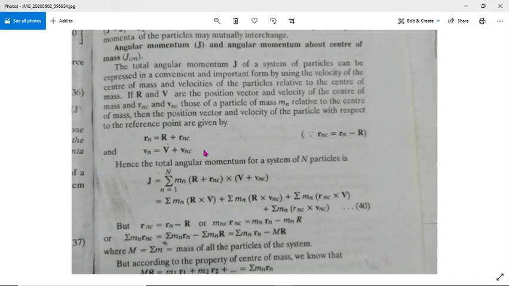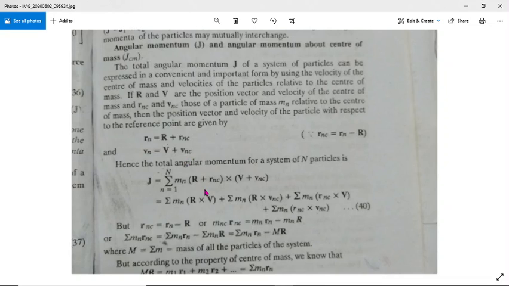So the total angular momentum we can write J equal to summation mn into Rn cross Vn. Instead of Rn we write R plus Rnc, and instead of Vn we write V plus Vnc.